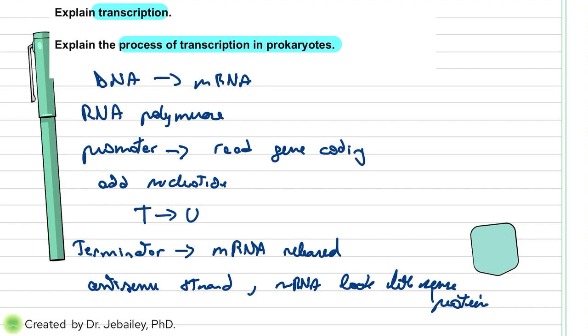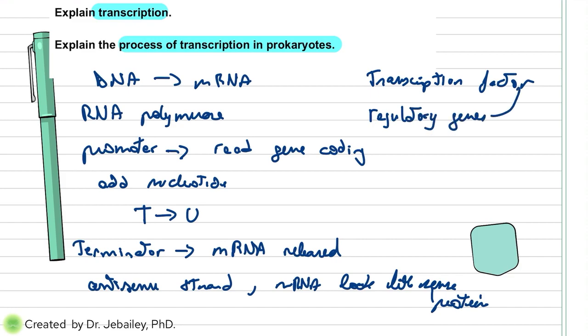I can talk about how there are transcription factors, as well as regulatory genes and how they control the transcription, which I can even add to this the methylation, which controls it. More methylation, less transcription; less methylation, more transcription. So these are the things I can write.